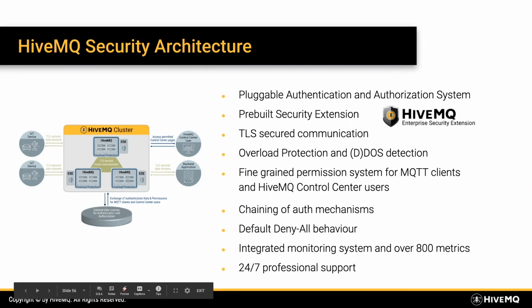So here, every communication is secured. Of course, we also have an overload protection that protects the whole cluster from being overloaded, and a lot more authentication, authorization and security systems are in HiveMQ.